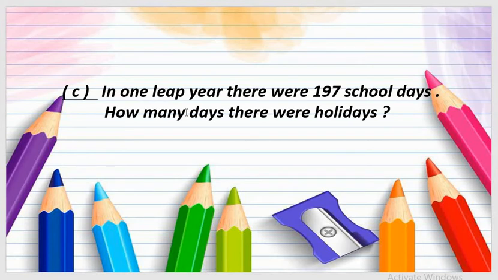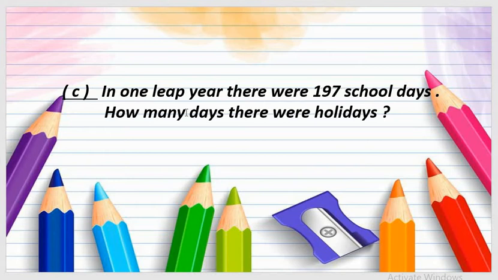Simply, in 1 year how many days come? Approximately, but as a fixed number, 365. 365 days in 1 year. So a leap year means how many days? 1 day more.